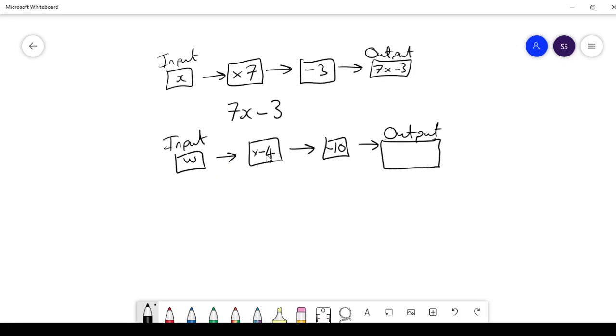So first off, it gets times by minus 4. So that's minus 4 times w, but we don't write it like that. We write minus 4 times w as just minus 4w. Okay, and then we need to take away 10 from that, so we do minus 4w minus 10. There we go. I'll just write that in here.